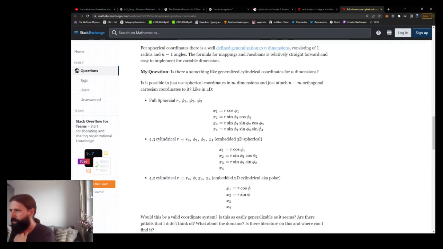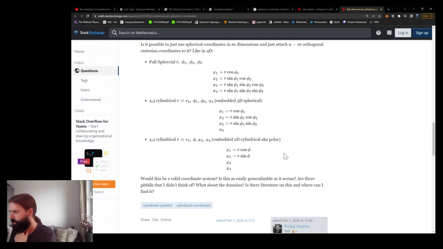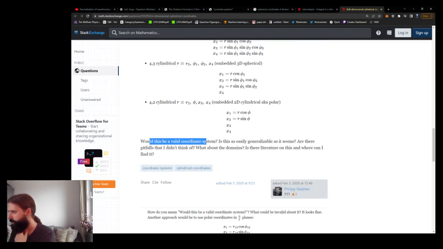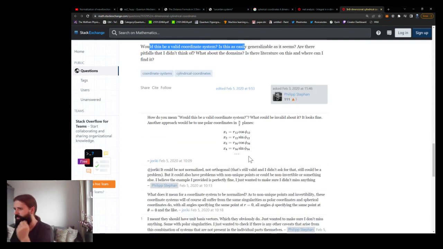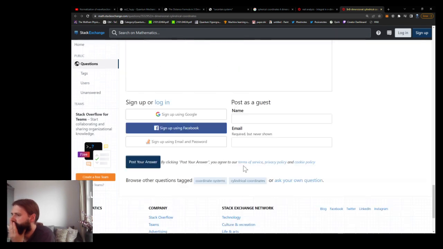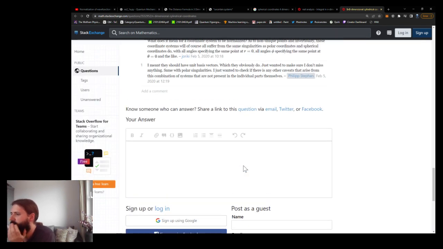That seems like something that I should maybe try to understand. It's super useful from an abstract perspective, but I'm also like, it's too much time. Would it be a valid coordinate system? Great, there's no answer.